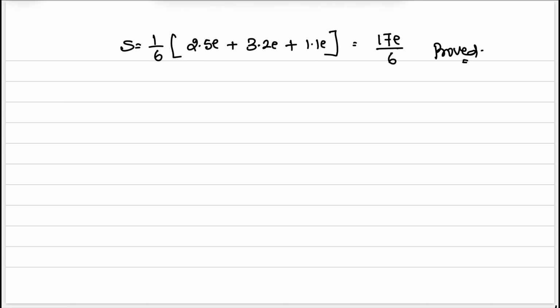Now, if the question in your examination extends to n to the power of 4 or n to the power of 5, n to the power of 6, please try to get the values and solve the problem. I have taken up to cubes.